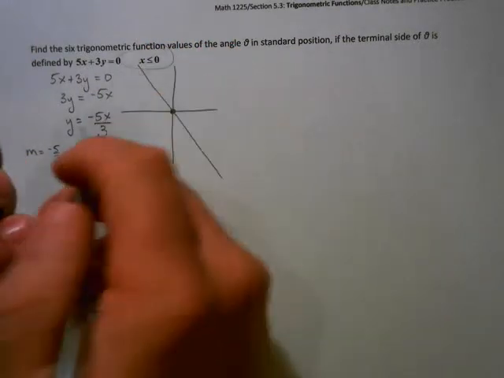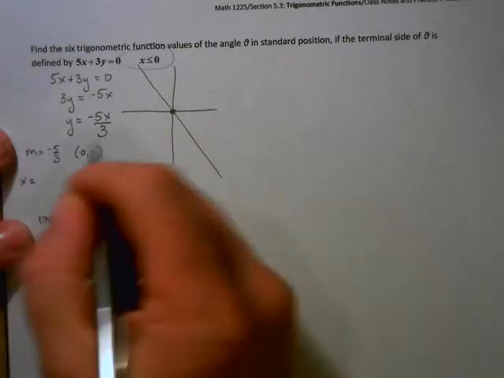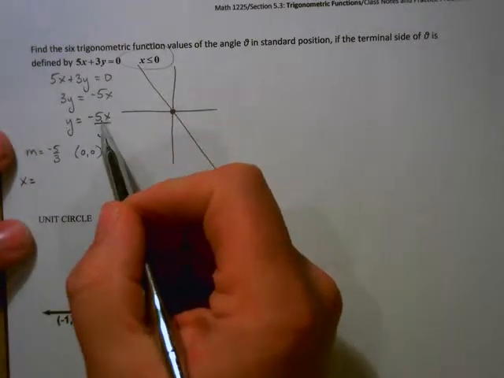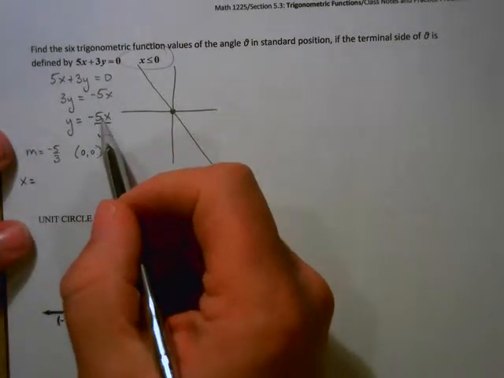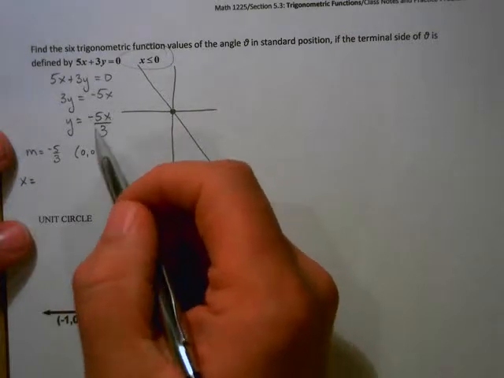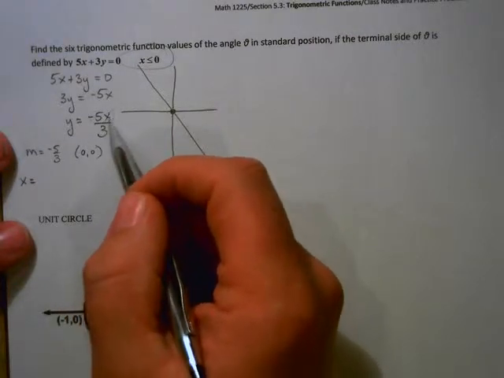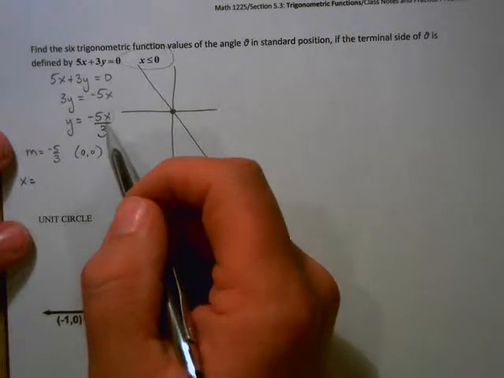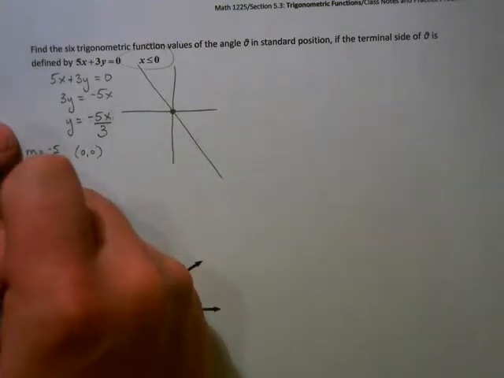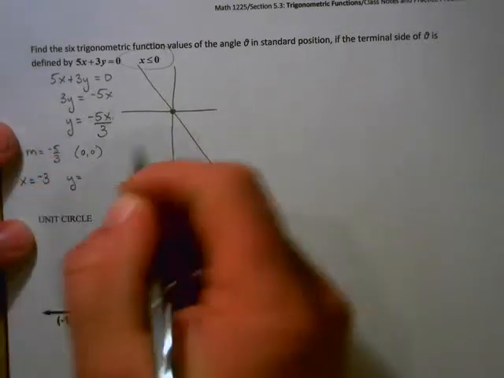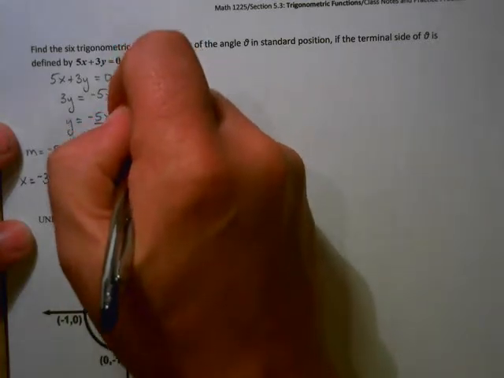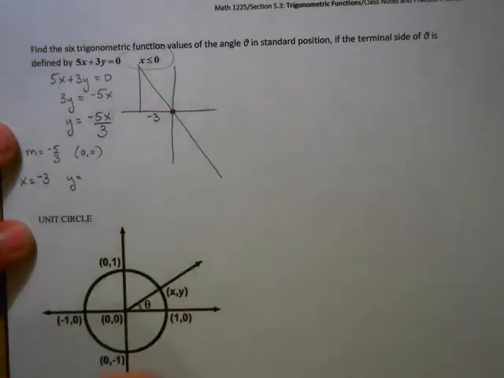We want when x is negative, so I'm going to use x is, and I can use anything for x. If I say 1, then y is negative 5/3. Now what I'm going to do is use a multiple of 3, so my y comes out nice. So I'm going to say x is negative 3, then y equals, so if you think what we're doing is, here's negative 3.